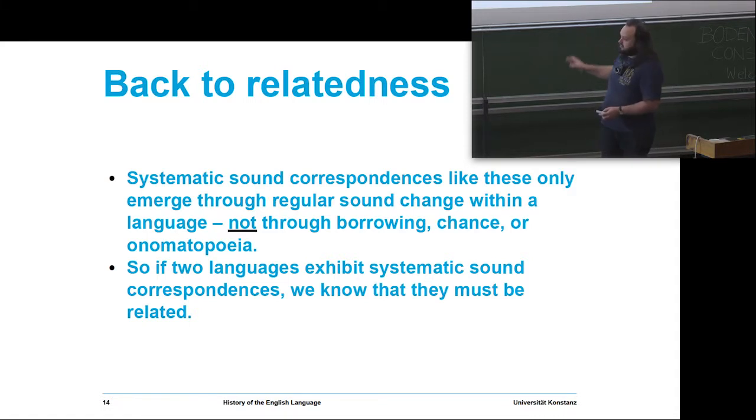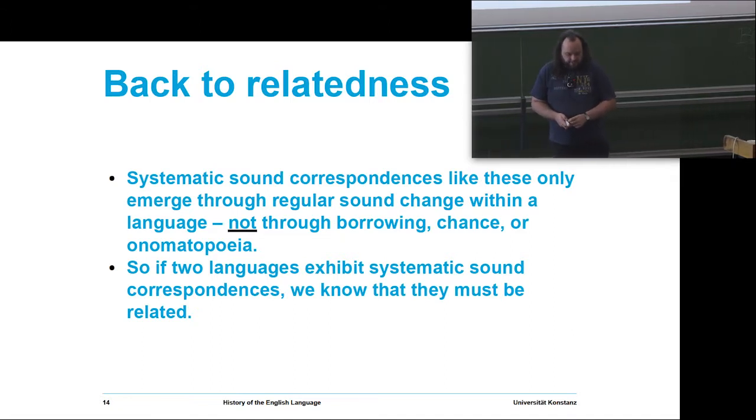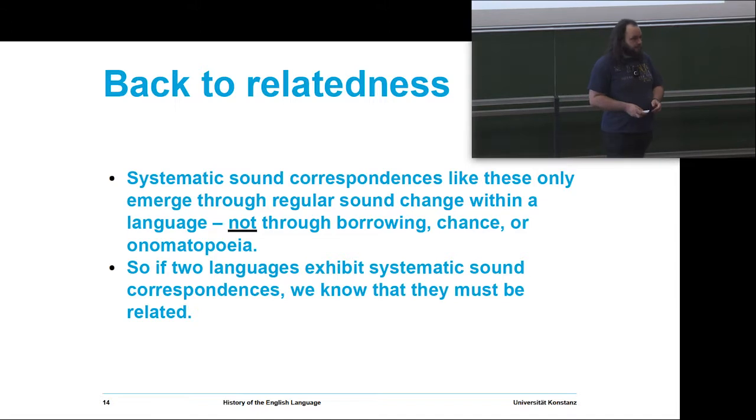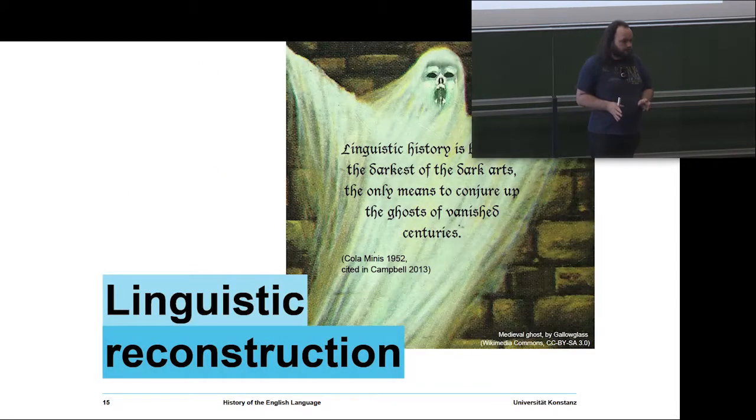Certainly in these cases I've just showed you, we can rule it out with certainty. So if two languages exhibit systematic sound correspondences like this, we know that they must be related. So there is a crucial relationship between language families and the regularity of sound change.